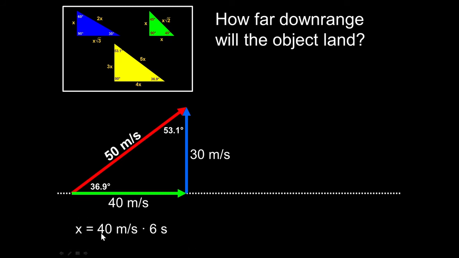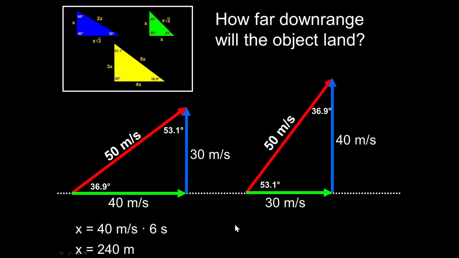So our position, where that's going to be way down here, is the horizontal velocity times the time that it was traveling horizontally. So 240 meters per second. Sorry, just 240 meters. The seconds in the denominator and the seconds in the numerator would cancel.